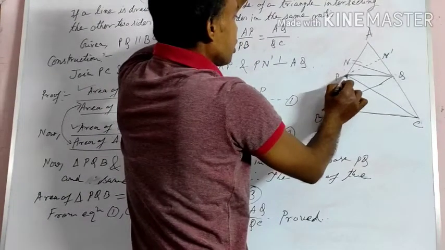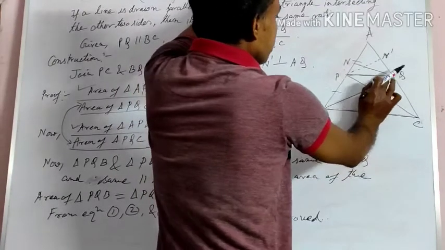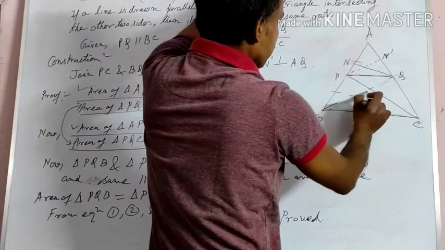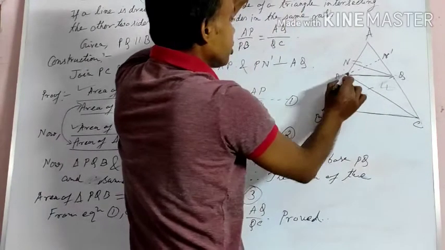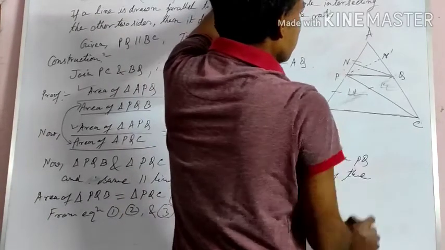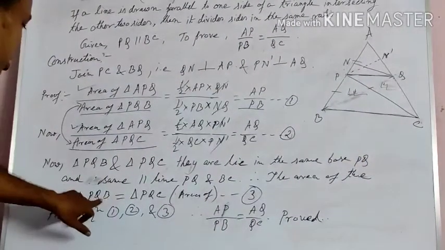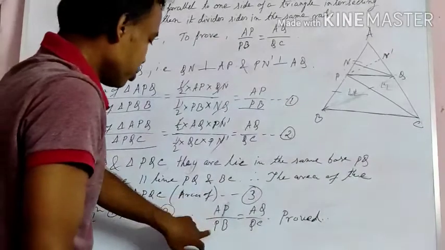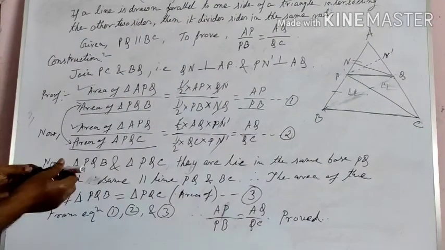But triangles PQB and PQC have the same area, because they lie on the same base PQ and between the same parallels BC and PQ. Therefore AP by PB is equal to AQ by QC. So a very important question, theorem.